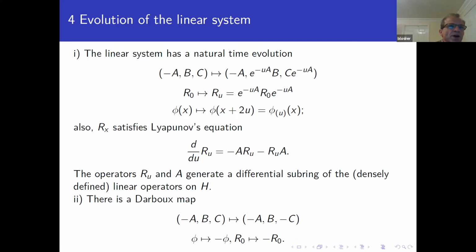Now, the reason why R and A are easy to work with is that we can generate a sort of ring of operators on the state space, which is closed under differentiation with respect to the parameter u.